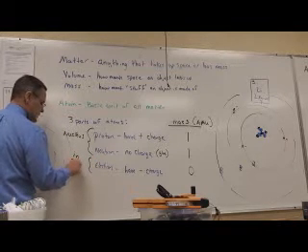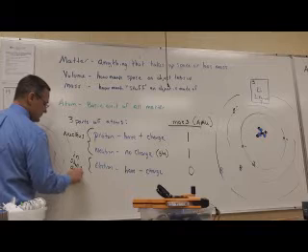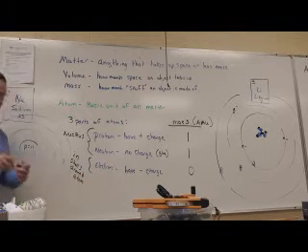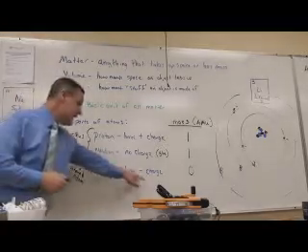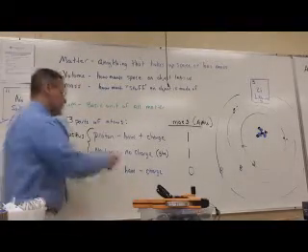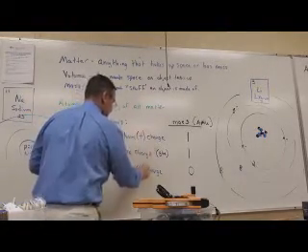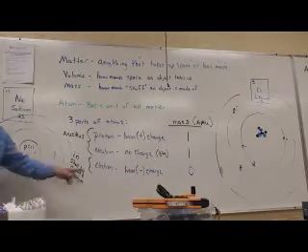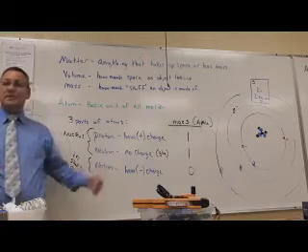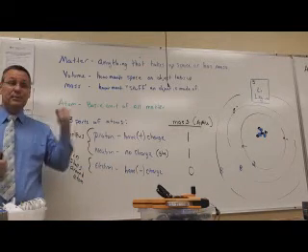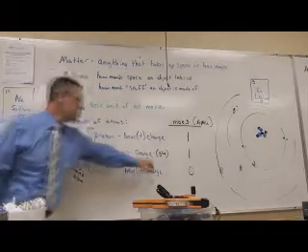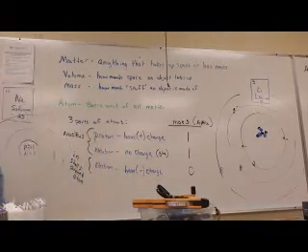Electrons have a negative charge. So protons and electrons are going to be attracted to each other. But a proton and a proton are going to want to repel each other. And think of neutrons as being glue, and we'll explain that in a second.